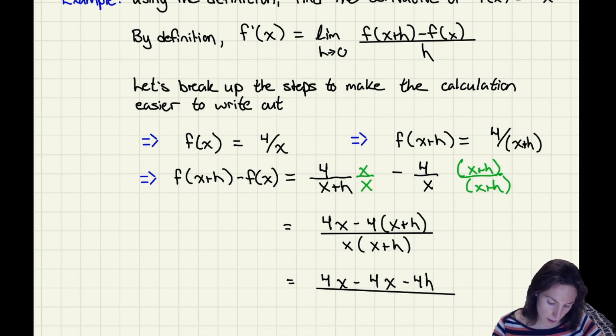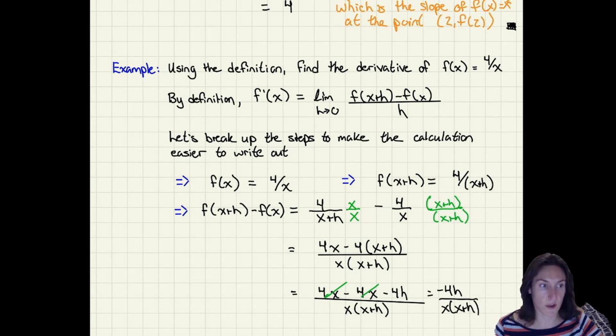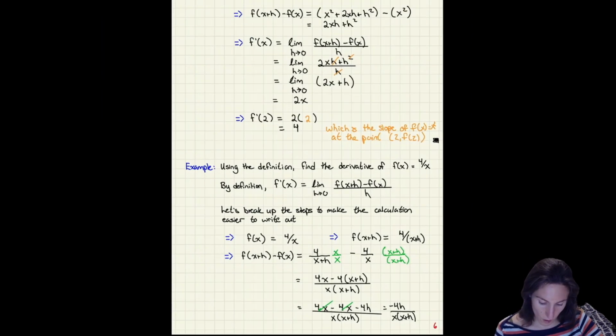And then on the bottom, I'm going to leave this as x times x plus h. But on the top, these cancel, and I'm just going to be left with my minus 4h all over x times x plus h.